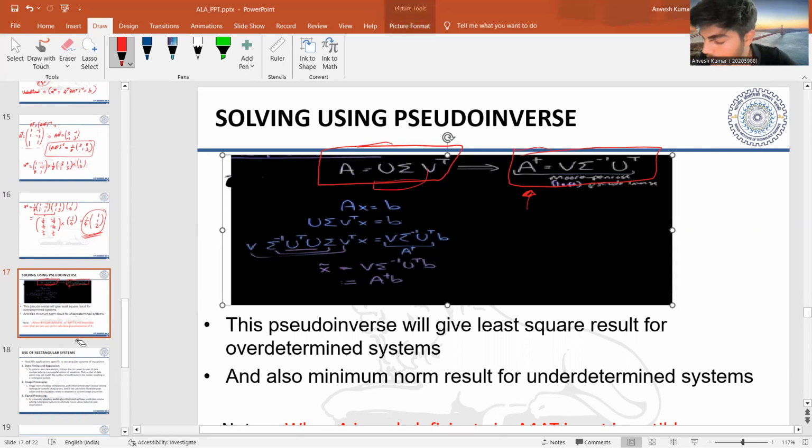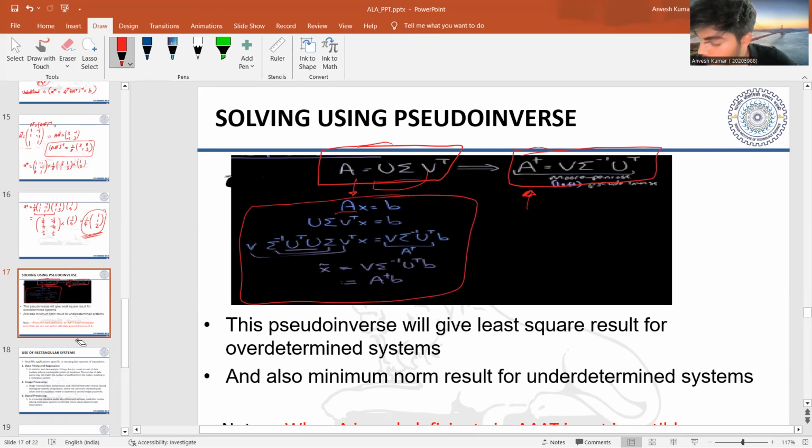And we can calculate this like this, in which we break down A into U sigma V transpose, and then take its inverse, multiplying both sides by its inverse. So it gets multiplied like this: V sigma inverse U transpose into U sigma V transpose.